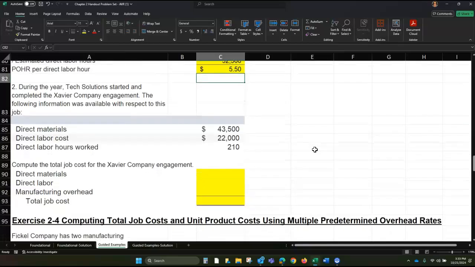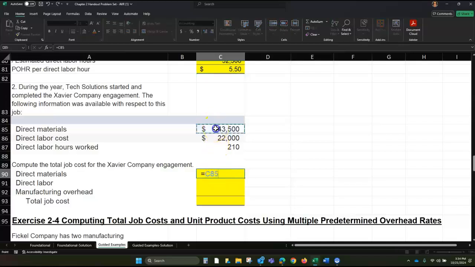During the year, Tech Solutions started and completed the Xavier Company engagement. The following information was available with respect to this job. Right? So we've got direct materials, direct labor, and the total direct labor hours worked. So when we're trying to come up with the total job cost, we've got direct materials. Try to imagine direct materials in this one, since we're a technology company.